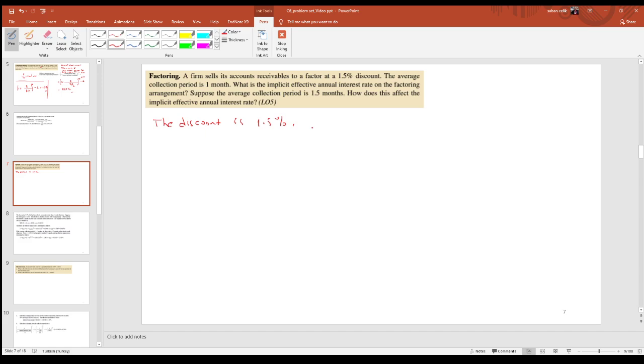So which means suppose the stated price is 100, with the factor the firm receives 98.50 immediately.